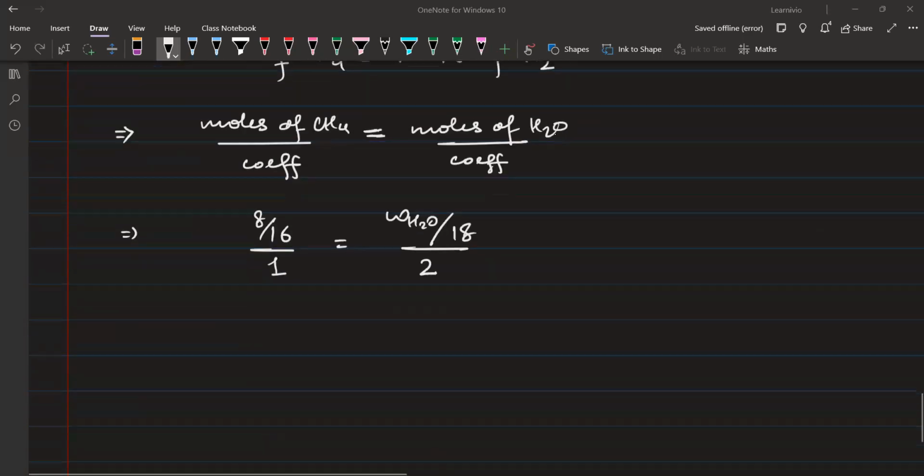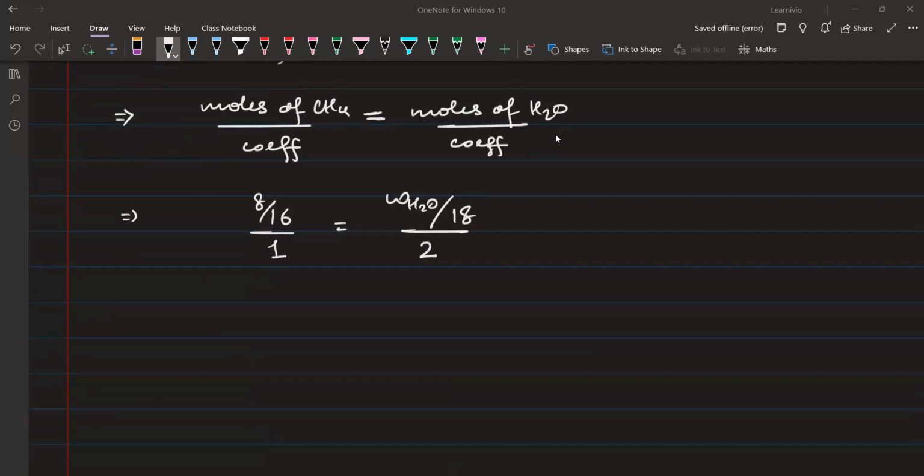By the way, let us see the answer. How much are we getting? Zainab, what is the answer for you? 2 into 8 upon 16. 8 by 16 is equal to W of H2O divided by 18 into 2, which is 36.